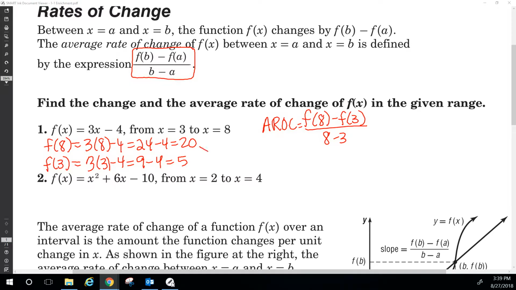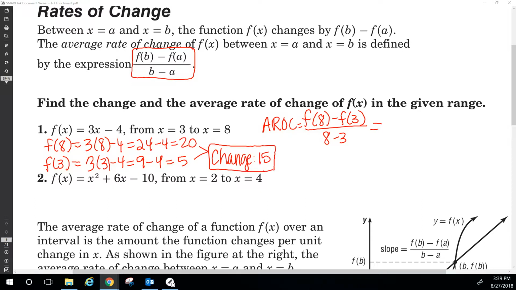So my change from 20 to 5 is, well, my average rate of change is taking that change and dividing it by the number of units in between 3 and 8. The change between 20 and 5 is not 3, the change is 15.